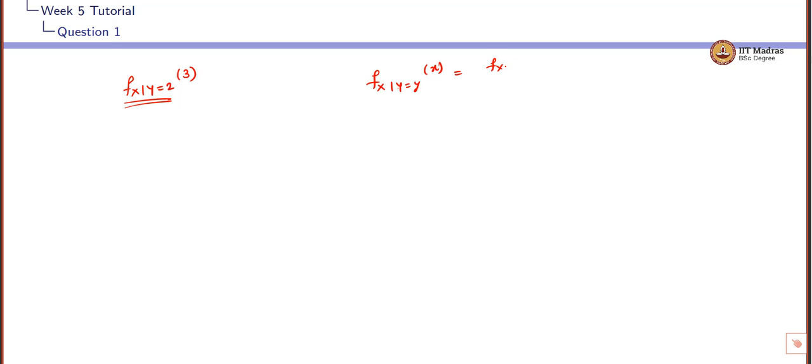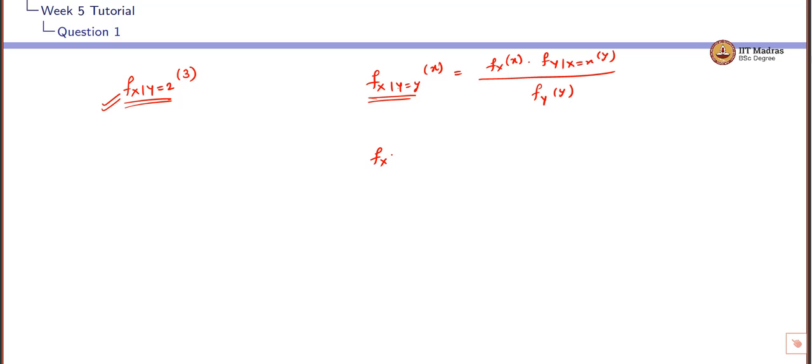So we can write fx of x, this is the marginal density for x, into fy given x equals to x of small y divided by fy of y, right? This conditional probability we can write in this fashion, correct? Now we'll use this formula to solve this question.